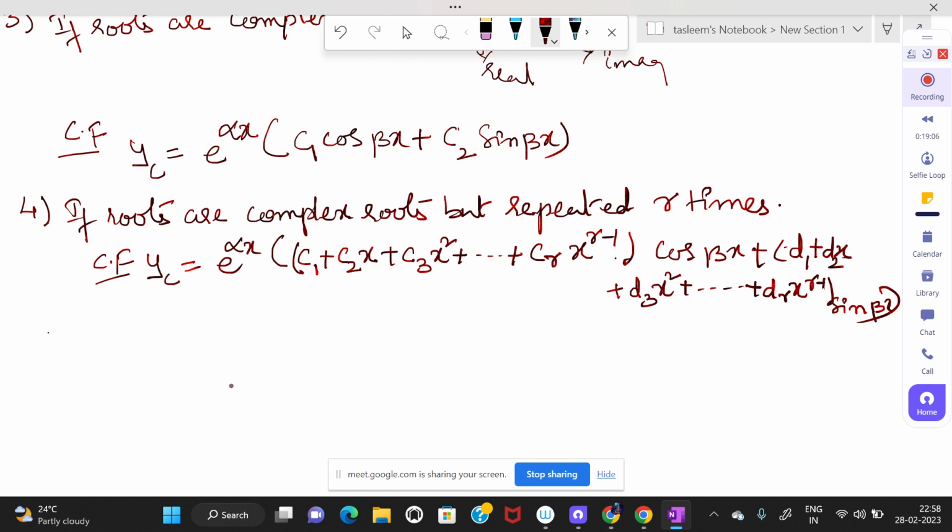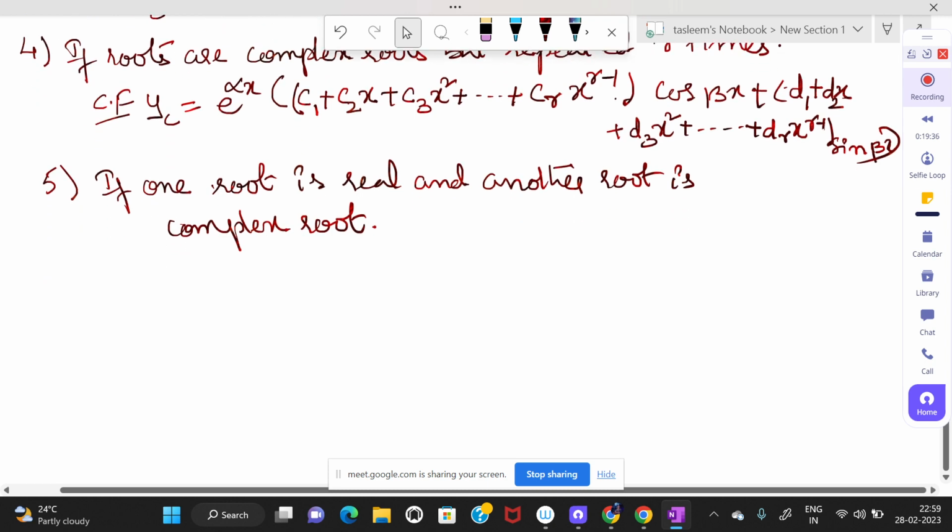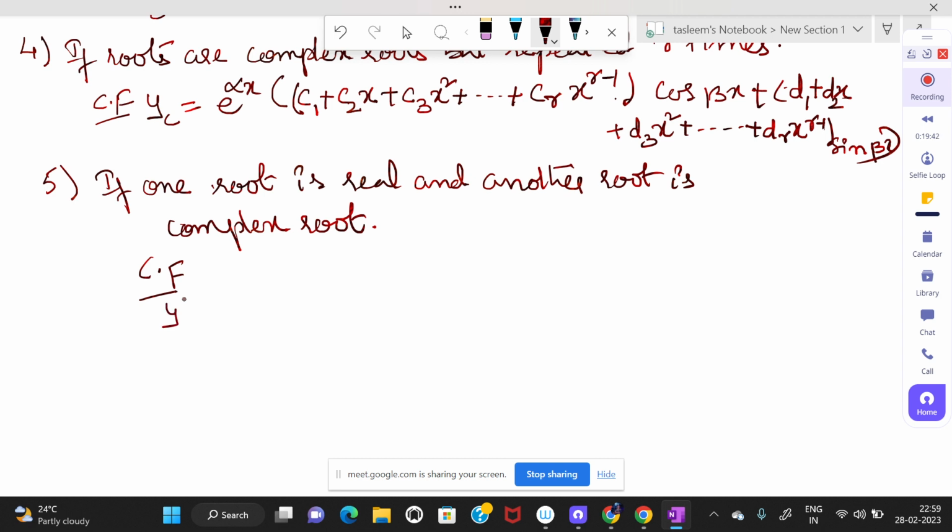Fifth one. If one root is real and another root is complex, then your complementary function y suffix c is equal to e to the power of m1x.